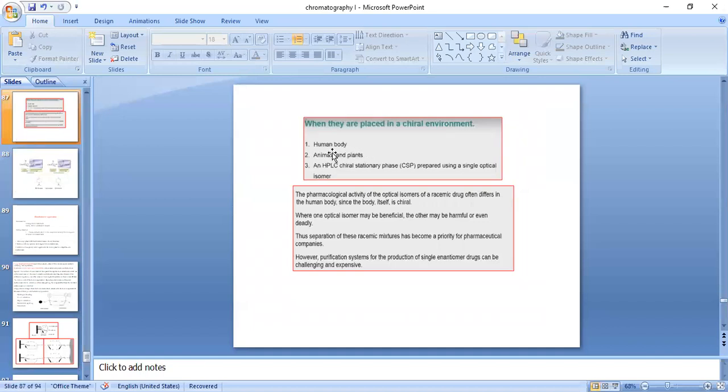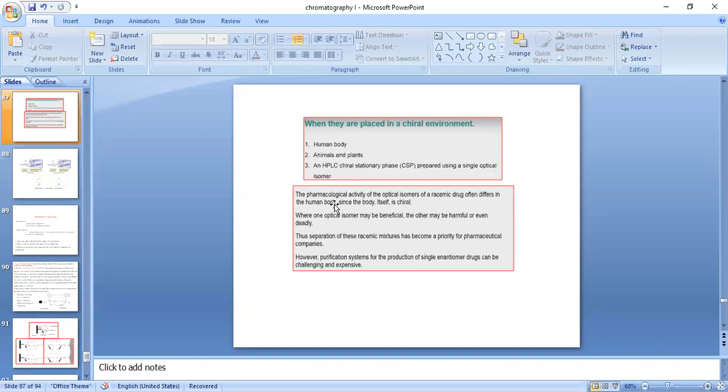You can put chiral drugs in animals, and they will behave differently when we put an R and S mixture in the HPLC chiral stationary phase. So how we can differentiate these drug molecules is simply that we can use the chiral stationary phase to separate these compounds.